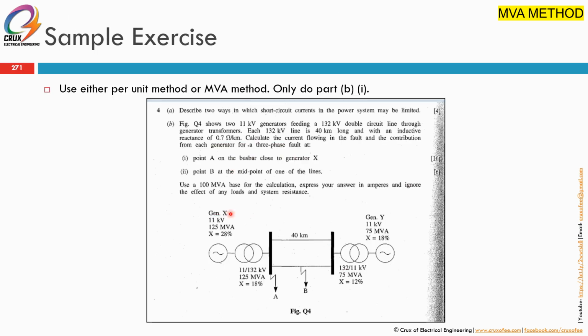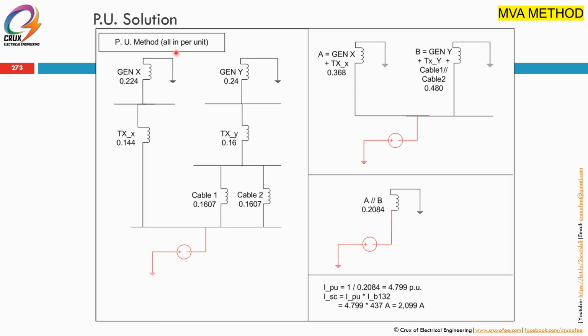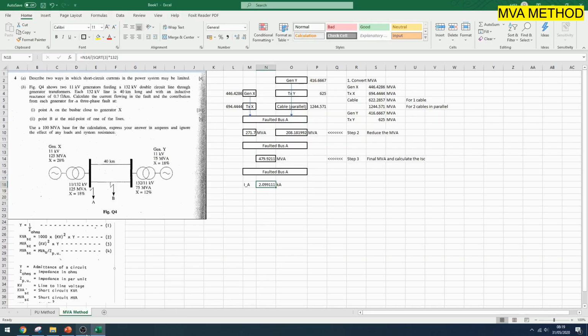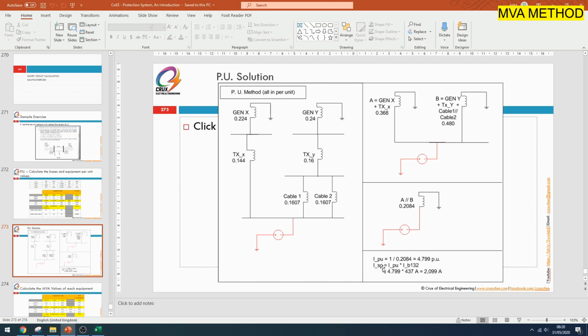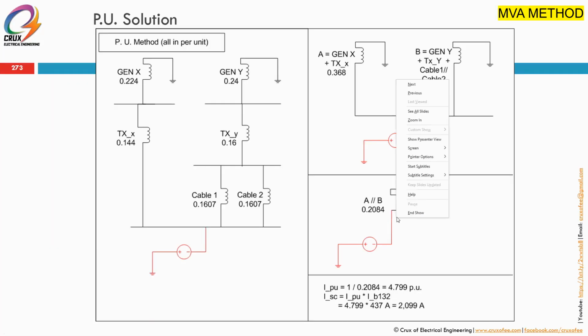So we got our answer just now, 2 kA. This is the per unit method already simplified for you. We are getting around the same answer, 2099 kA. So same value. Oops, sorry. This is based on the per unit solution.